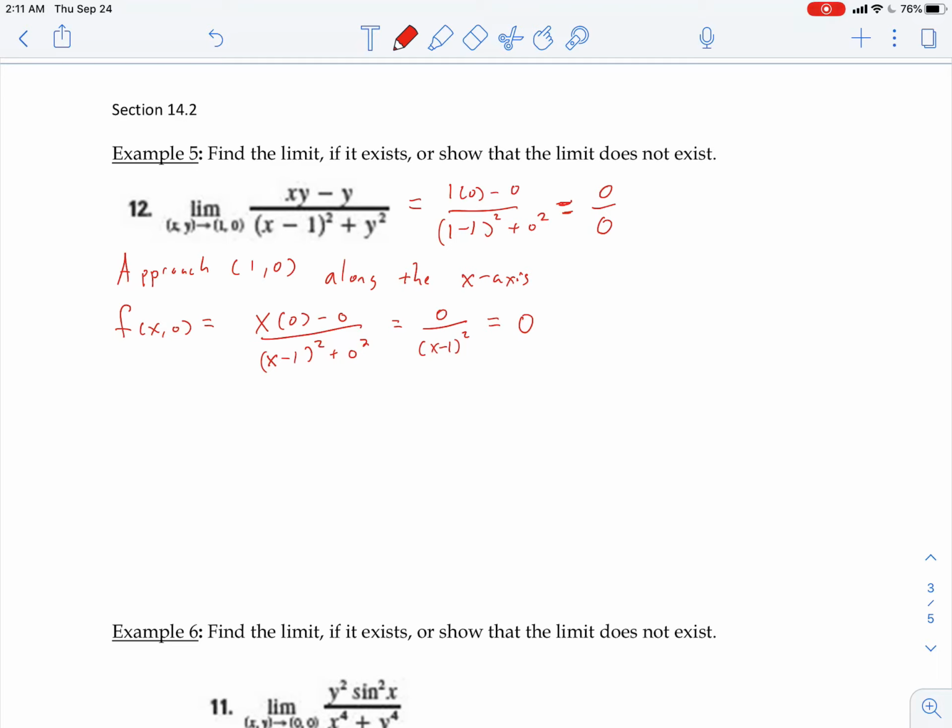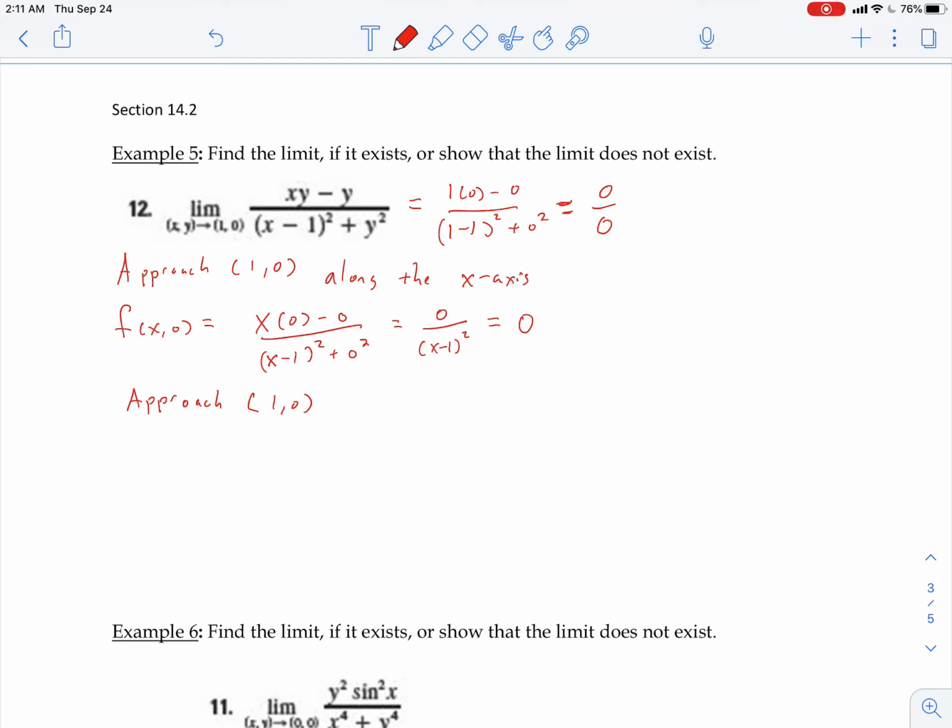Now let's see about approaching a different way. So now let's approach 1, 0 by a different pathway. Can we approach 1, 0 along the y-axis? No. The reason is that 1, 0 is not on the y-axis. 1, 0 is right there, and it's not on the y-axis.